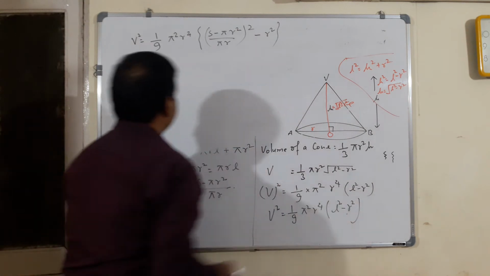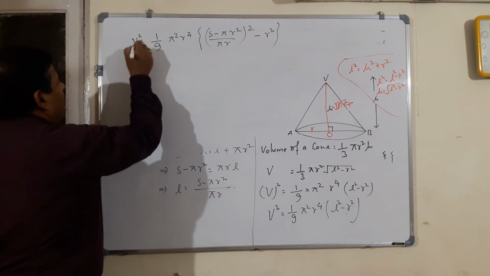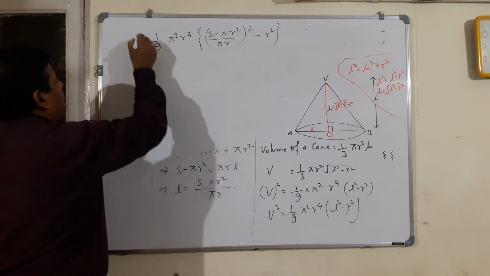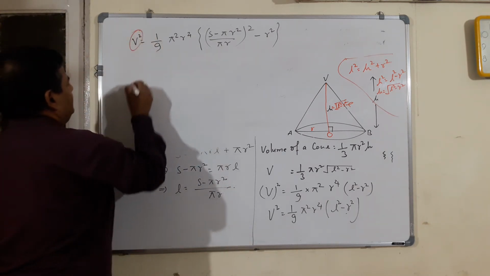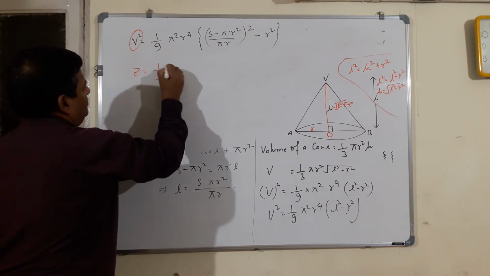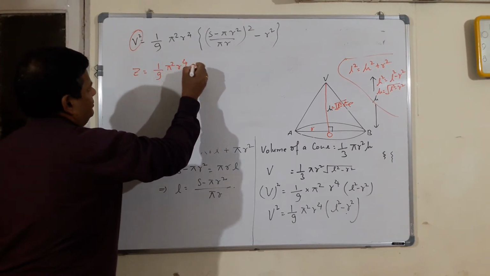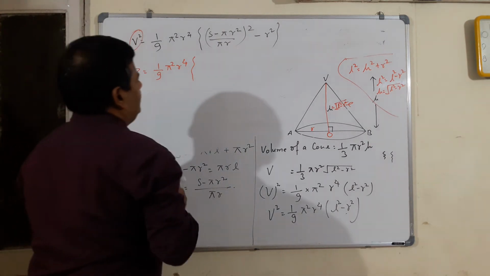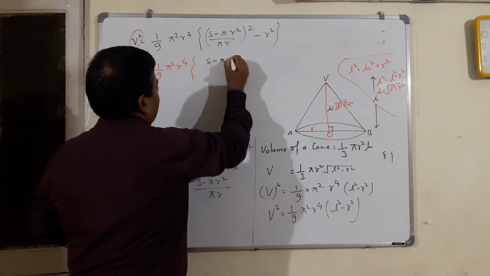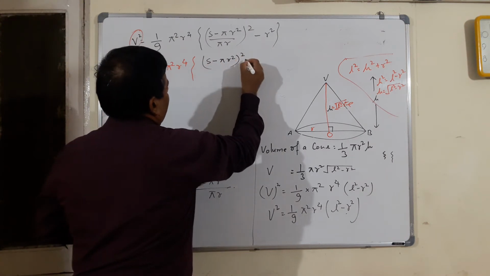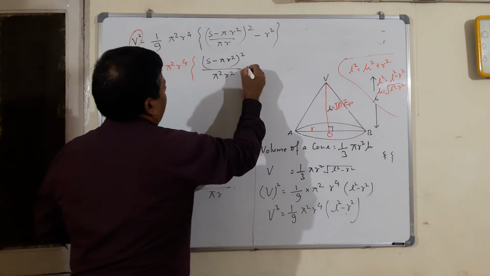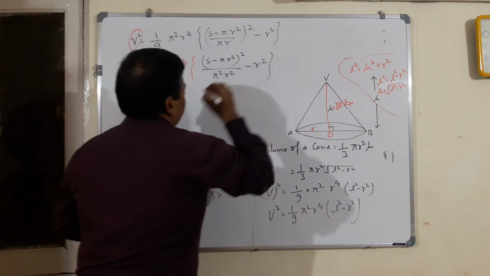Let V square be equal to Z. So Z is equal to 1 by 9 pi square r raised to the power 4 into S minus pi r square whole square divided by pi square r square, minus r square.